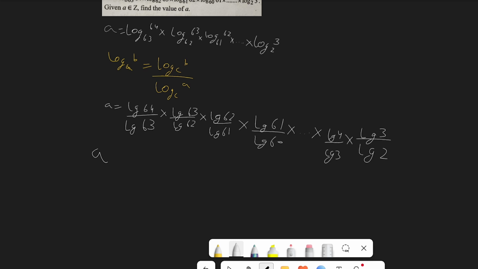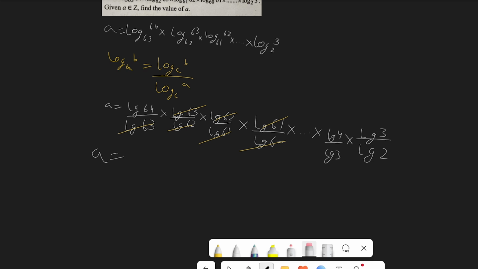Now it is very simple. We see that this is LG63 and this is LG63, so we will cut these same things. Now we have 62, 62, 61, 61. LG60 would also be cut with something in the dot dot dot, which we can't see because there are so many terms to write, but it would still be cut because the next term is LG60 over LG59.